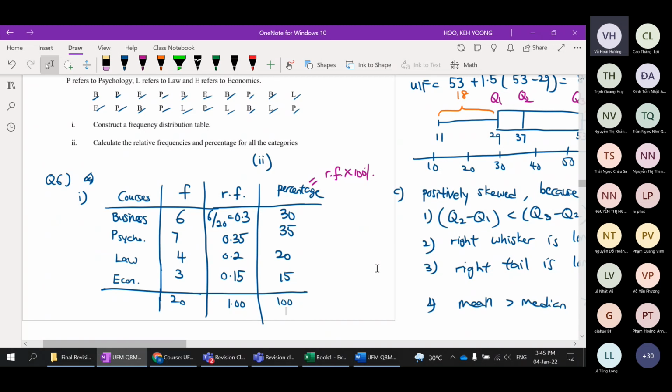Business and economics, actually, they are very different. Because business can be subdivided into a few different majors, like accounting, finance, marketing, international business. Whereas economics is just purely economics.